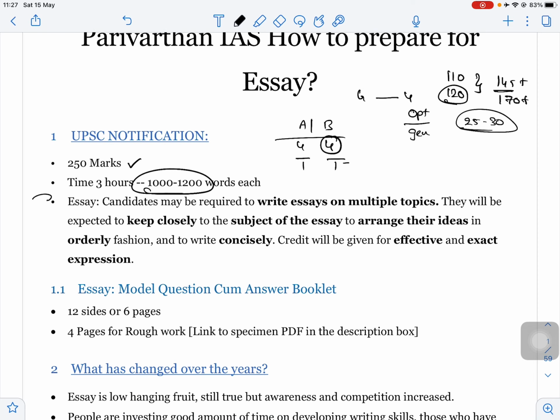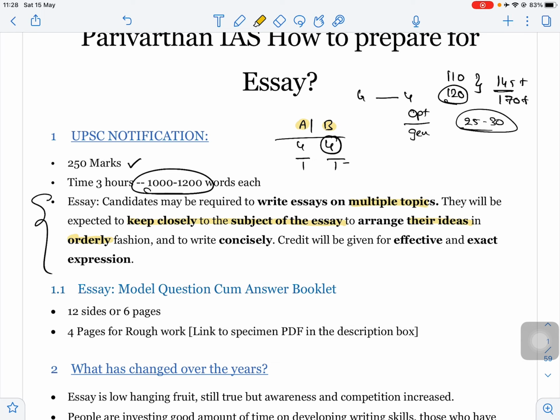Now, according to the UPSC notification, what is expected from you, the aspirant? The most important thing UPSC expects from you is to write an essay on multiple topics, as I have mentioned, Section A, Section B. To keep closely to the subject of the essay, I mean, the essence of the essay should not be lost, and then arrange your ideas in an orderly fashion, what we call structuring: intro, body, conclusion, subdimensions, subheadings, macro dimensions, micro dimensions.